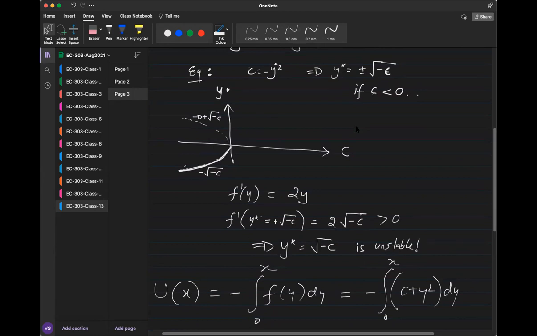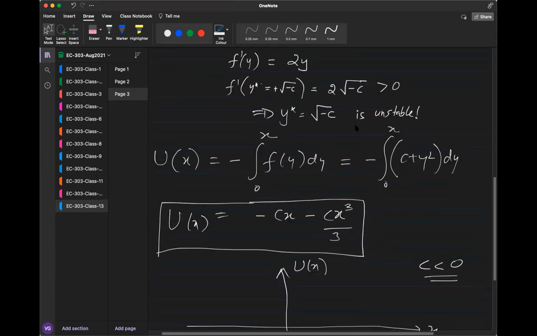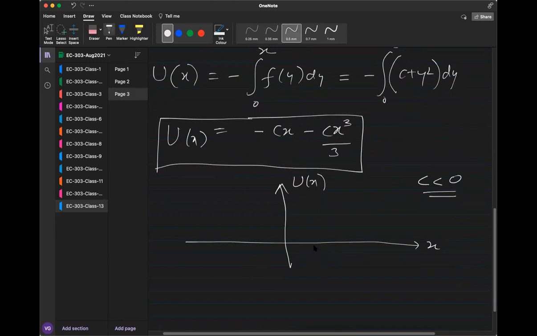Okay, so there are two roots. Let's say c was minus 4. We'll have two roots, one at 2, the other one at minus 2. Is that correct? If c was minus 4, I'm just putting in some numbers to make sure we are fine.